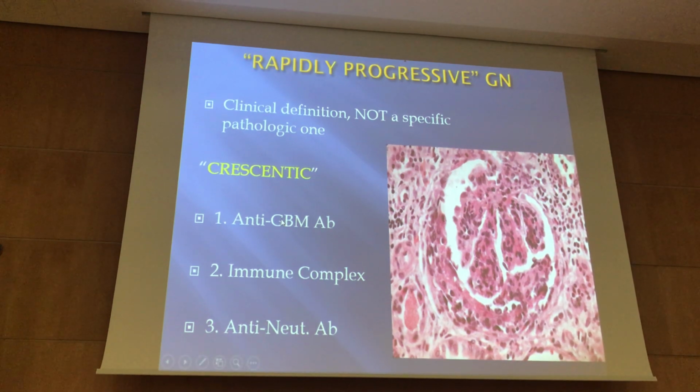So there are three types. One is anti-glomerular basement membrane antibody associated, or immune complex associated, or anti-neutrophil cytoplasmic antibody associated. Have you heard this before? ANCA. And how many ANCAs have we seen?